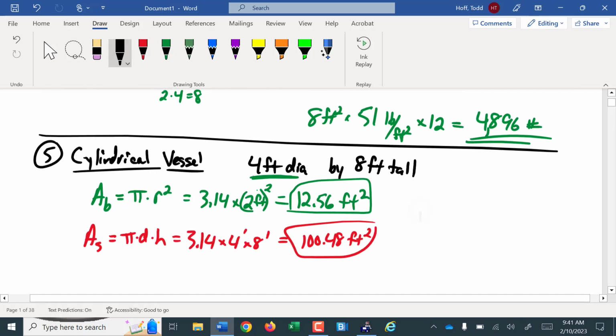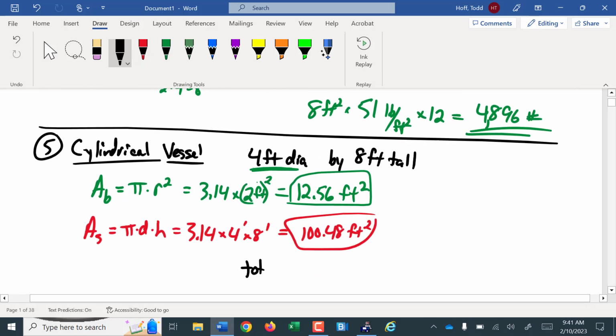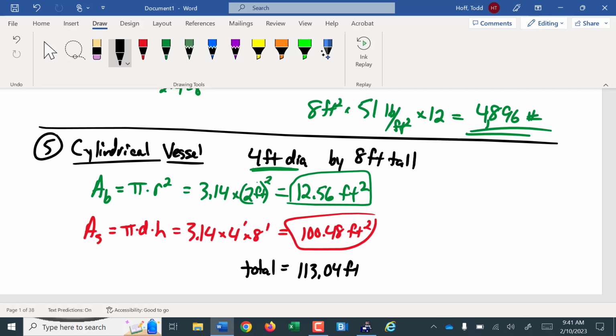So the total, if I add those up, what's that? 113.04. Any questions on that one? If you're struggling with those, I highly recommend just go ahead and draw out the picture. It sometimes helps.